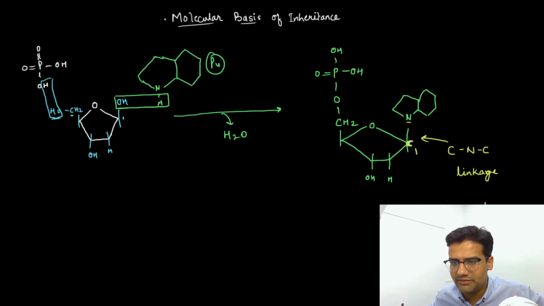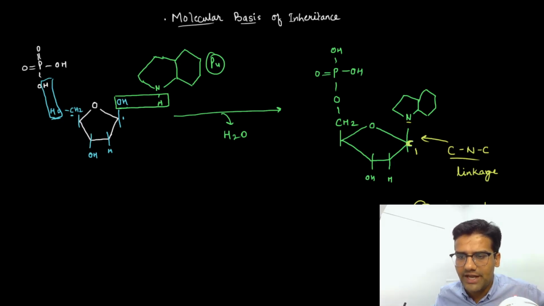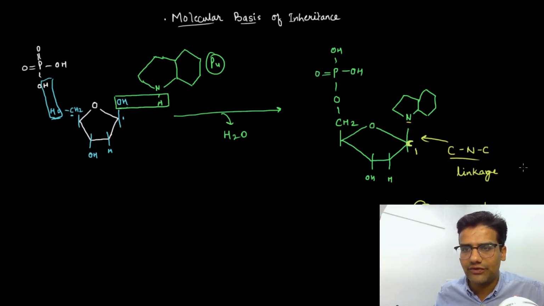But in case of pyrimidine, because there is only a 6 membered ring, it is the first carbon to the first position of the pyrimidine, glycosidic linkage. So this CNC linkage is a 1' to 9 glycosidic linkage in case of purine, and in case of pyrimidine it is a 1' to 1 glycosidic linkage.